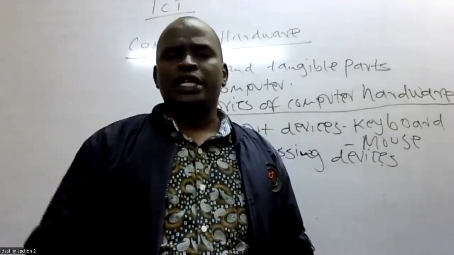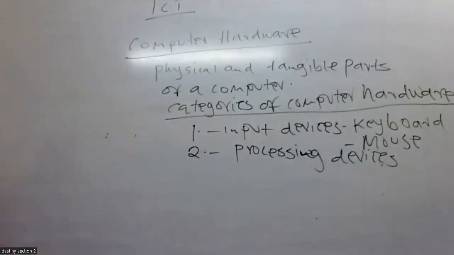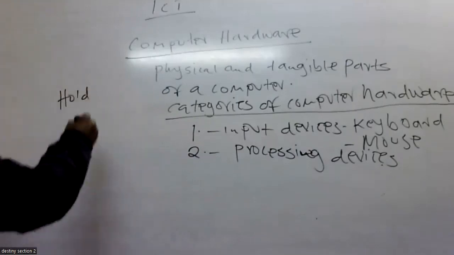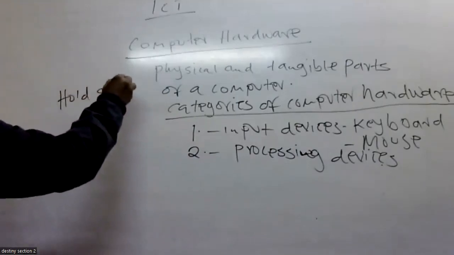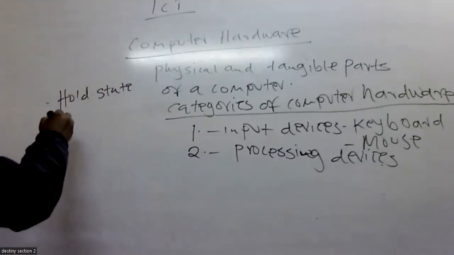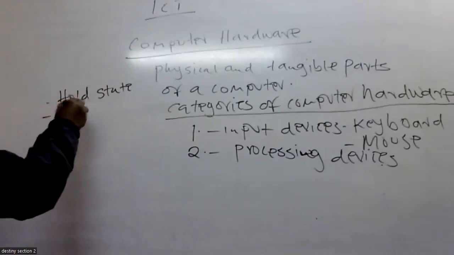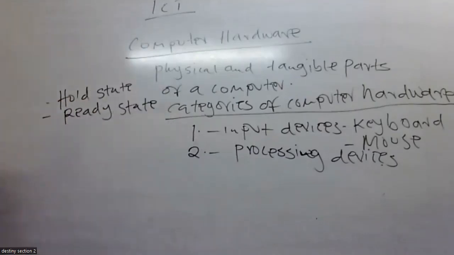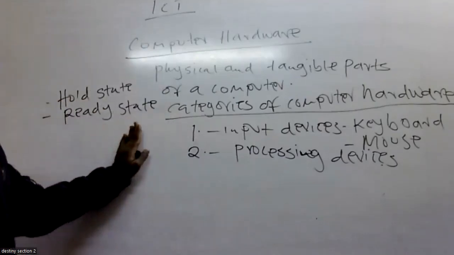And then this process is actually, for example, in a computer, we have what we call the hold state. We have what we call the ready state. Sometimes we refer to this as a ready queue.